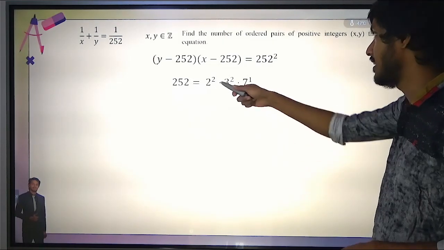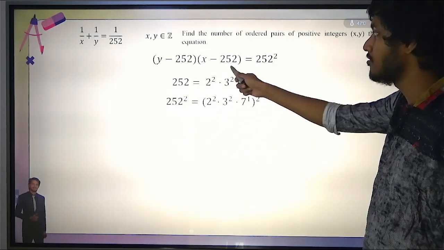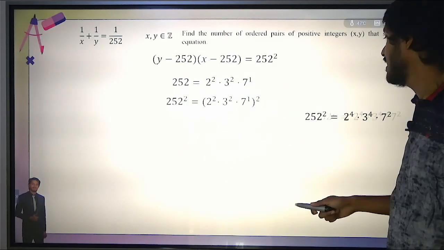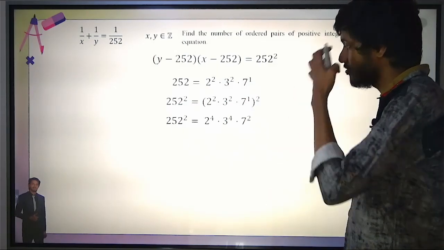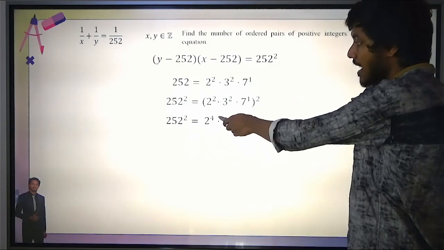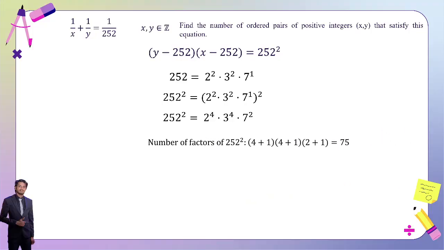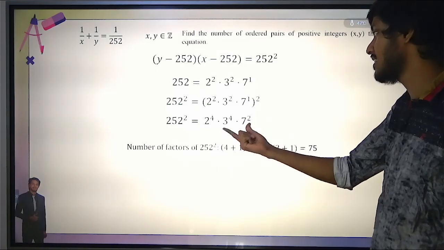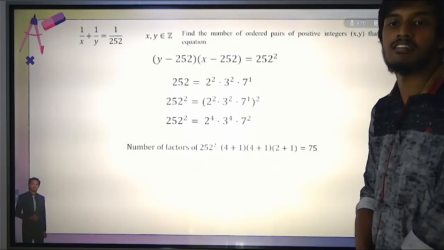So if I go forward, I can write 252 in this manner. If I square that I would get 252 squared, and I am having 252 squared as 2 to the power 4 times 3 to the power 4 times 7 to the power 2. I have the exponents 4, 4, 2. So 4 plus 1 into 4 plus 1 into 2 plus 1 would be the algorithm. Therefore, the number of factors of 252 squared is 75.